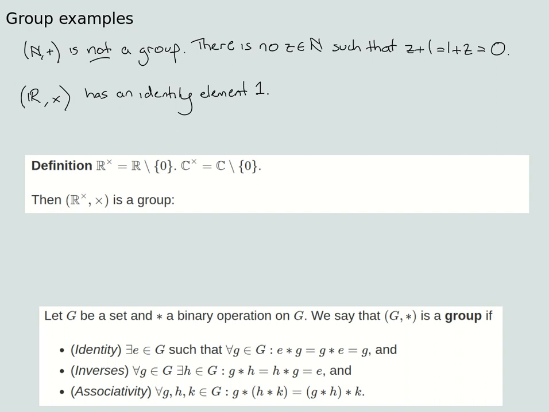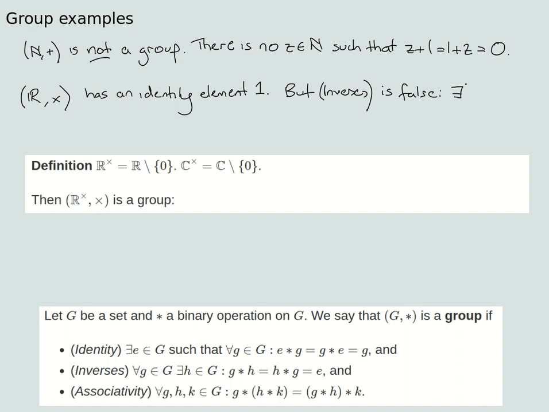And the reason the inverses axiom fails is because it has to be true for every real number that you can multiply that real number by something and get the identity element 1. But when you choose your real number to be 0, there's nothing you can multiply 0 by to get 1. So the inverses axiom is false.